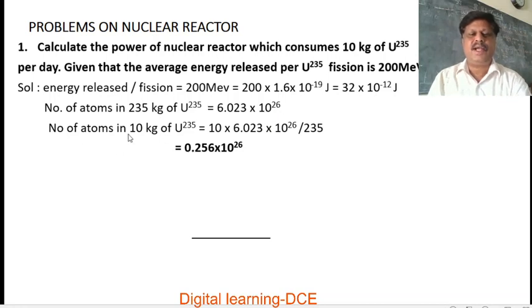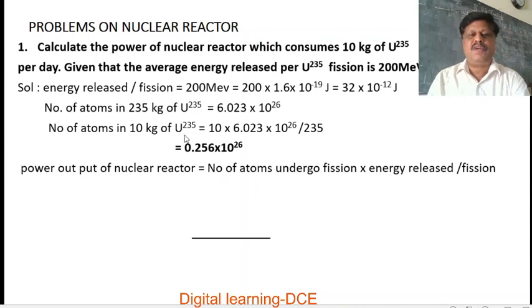Then number of atoms in 10 kg of uranium 235 is equal to 10 into 6.023 into 10 power 26 divided by 235. After simplification, we get the number of atoms in 10 kg of uranium 235 is equal to 0.256 into 10 power 26.